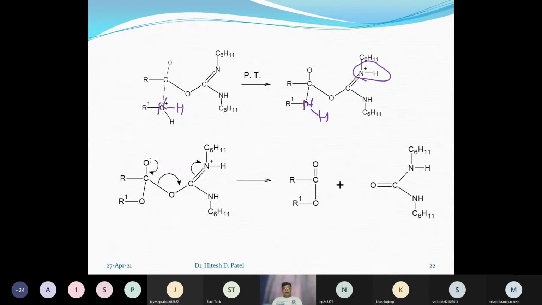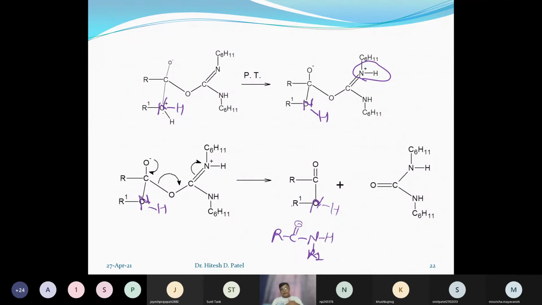After that, it converts again into C double bond O. And finally in the product we will get the peptide or amide, RC double bond O, NH, R1.